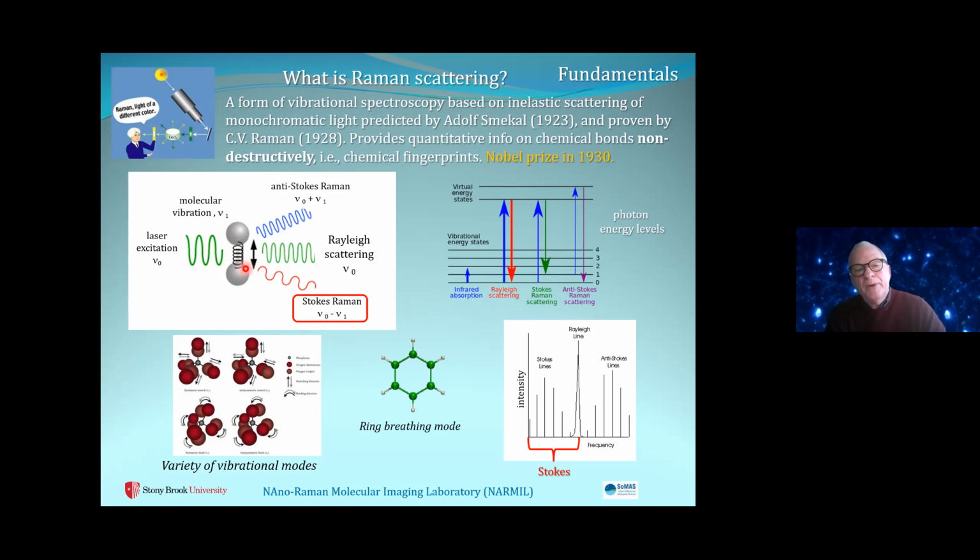The frequency with which they vibrate is characteristic of which two atoms are bound and the nature of the bond. And what we actually measure are called the Stokes shifted photons. So these are photons that have given up a little bit of energy to the chemical bond or the molecule that they've interacted with, and therefore have less energy and are at a longer wavelength.